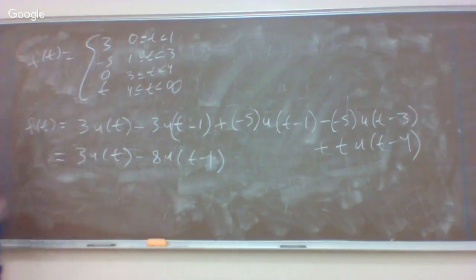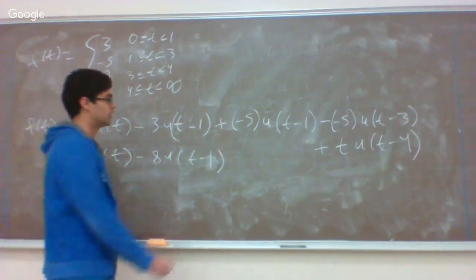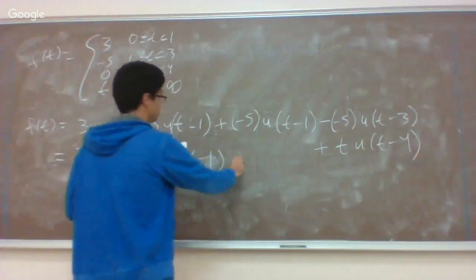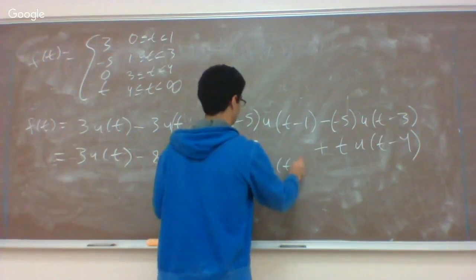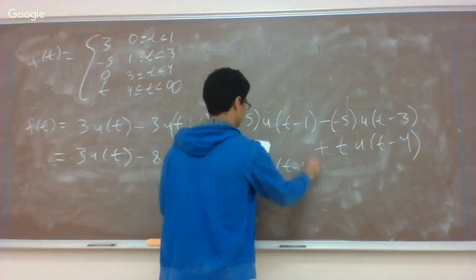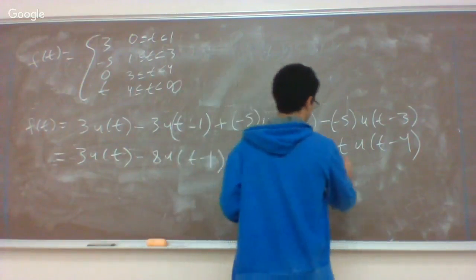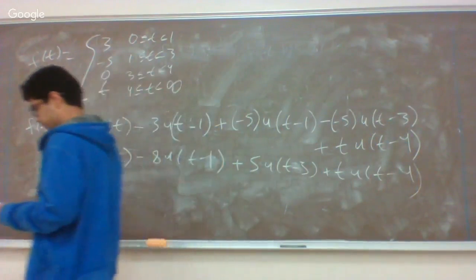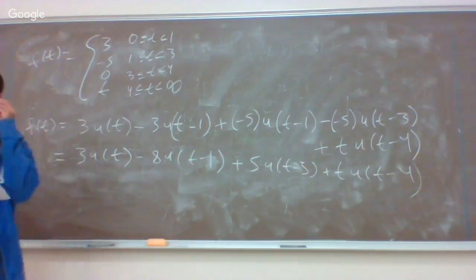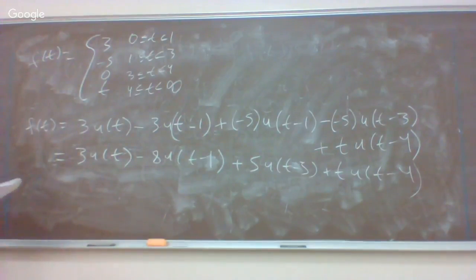I didn't write that, since 0 times anything is 0. So the next part is 5 u of t minus 3, and then I have plus the last part.